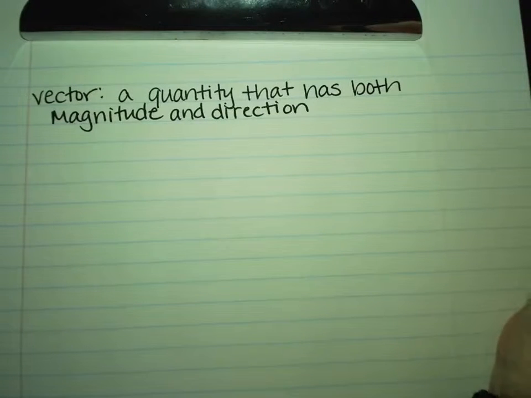And it's customary to use an arrow when we're talking about vectors. So we're talking about little arrows, little rays, basically.